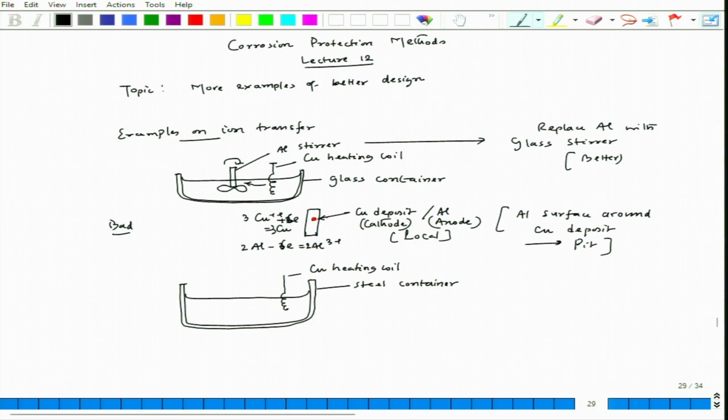Now, the problem will be similar to the previous case where we had the aluminum stirrer. Copper ion will form and it will migrate, ion transfer can happen, and since copper ion has a higher reduction ability than iron, because copper is sitting on top of iron in the galvanic series in that particular solution, the copper deposit again would happen. So, this is the iron surface, and copper deposit will happen.